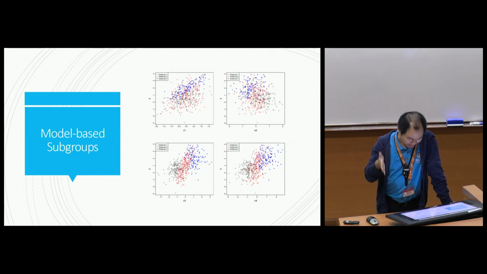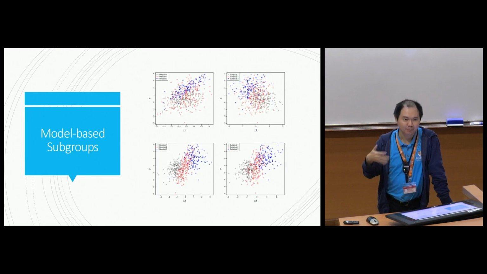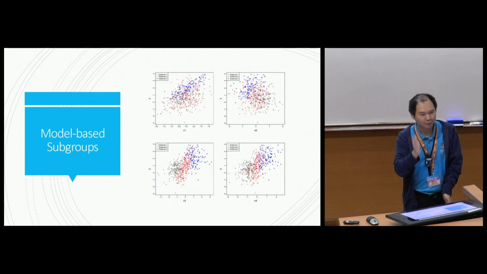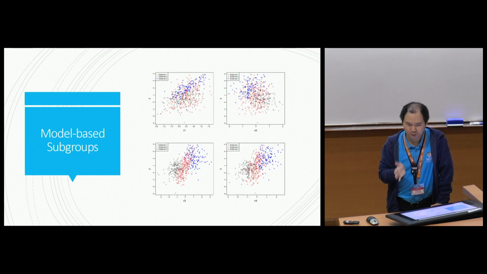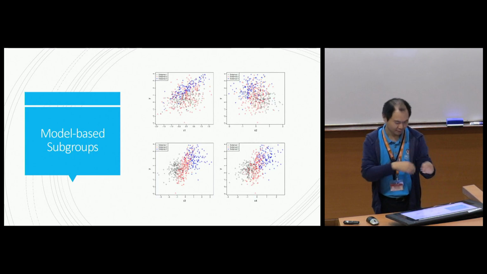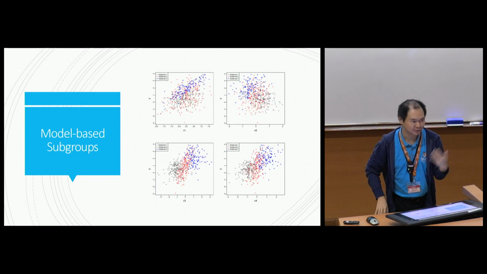But x3 and x4, it's perhaps much more clear how to differentiate the different groups. So when we are choosing the subgroups, it's actually quite important to first select what kind of variable you use to divide the subjects into subgroups. That's an important question we want to look at in this project.